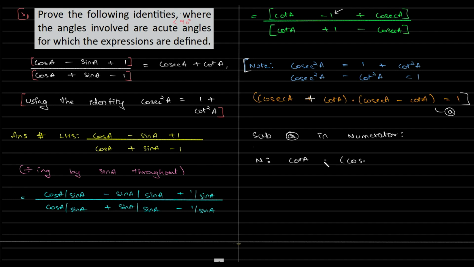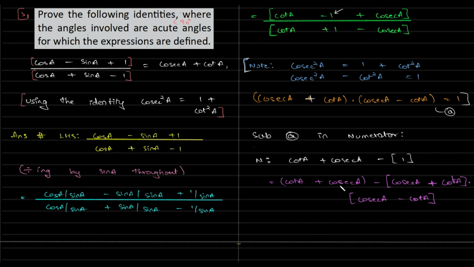Okay, you know what, we will just rearrange it first. Minus of 1 so that you guys will understand. So this is equal to cot A plus cosec A minus cosec A plus, let me put this in brackets, cot A, into cosec A minus cot A.